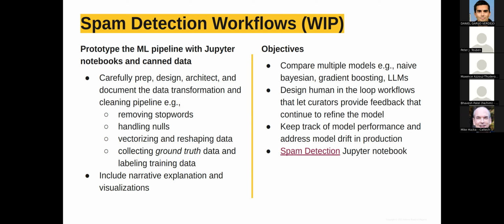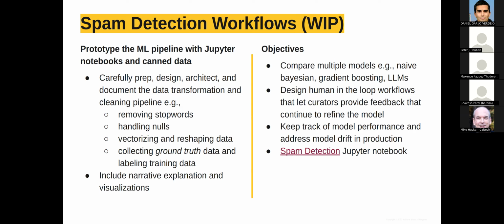There's a lot of work that's needed to carefully prep, design, architect, and document these data transformation workflows, and make sure that we can flexibly add new fields if we add new fields to our schema, for instance, or if we decide that one corpus of data, like the bio or research interests for users, is relevant.